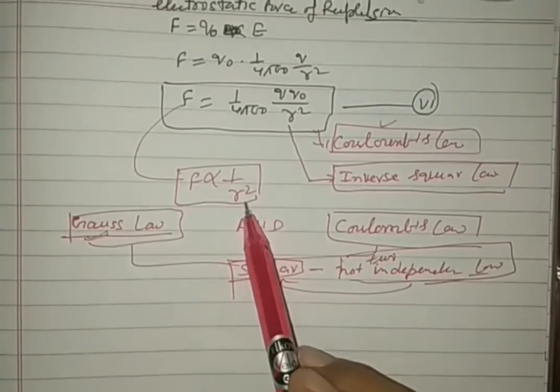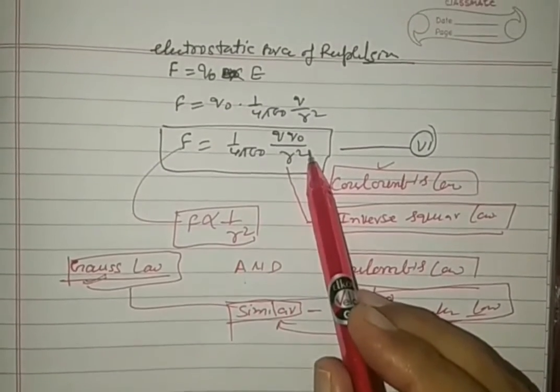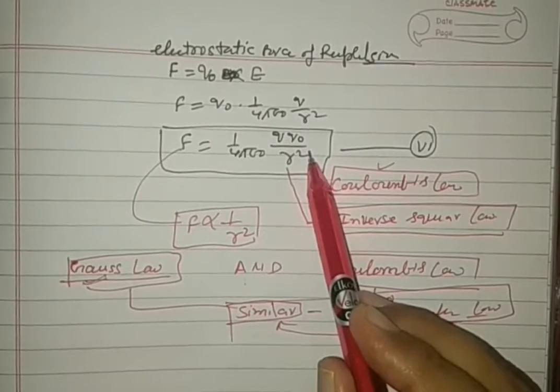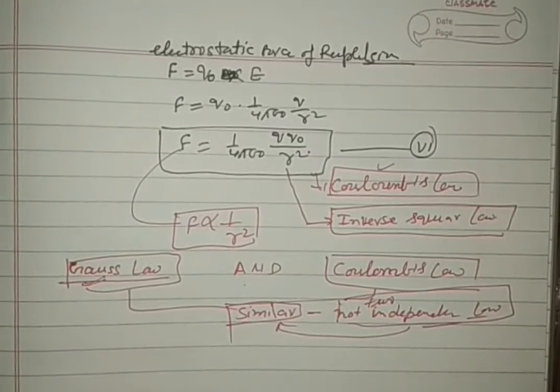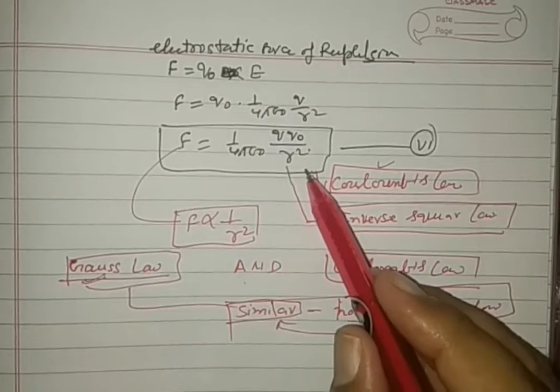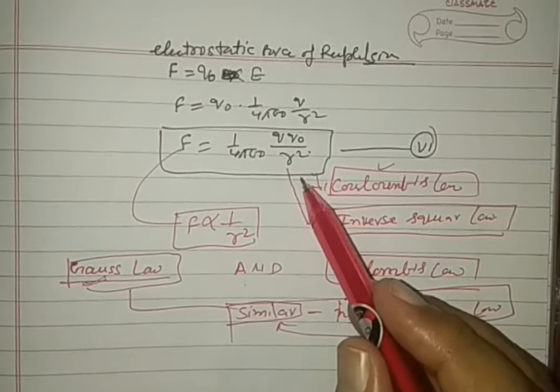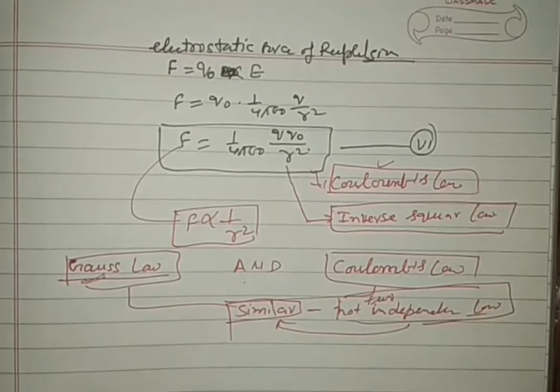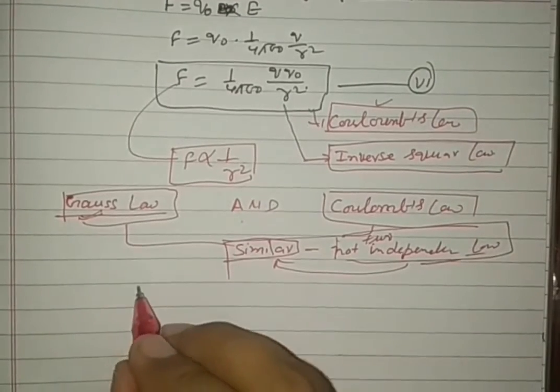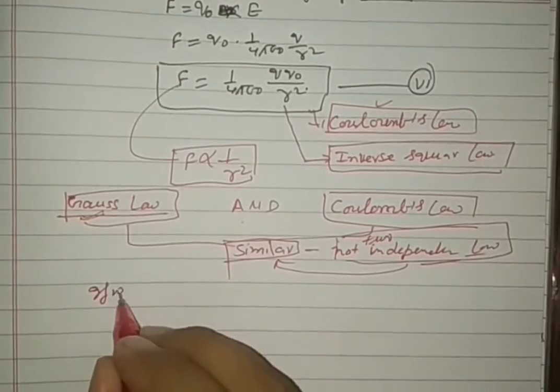Right. One more thing. If the inverse square law holds, then Gauss law can be defined. Otherwise, if it is not the inverse square law, then it cannot be defined. We can prove it.